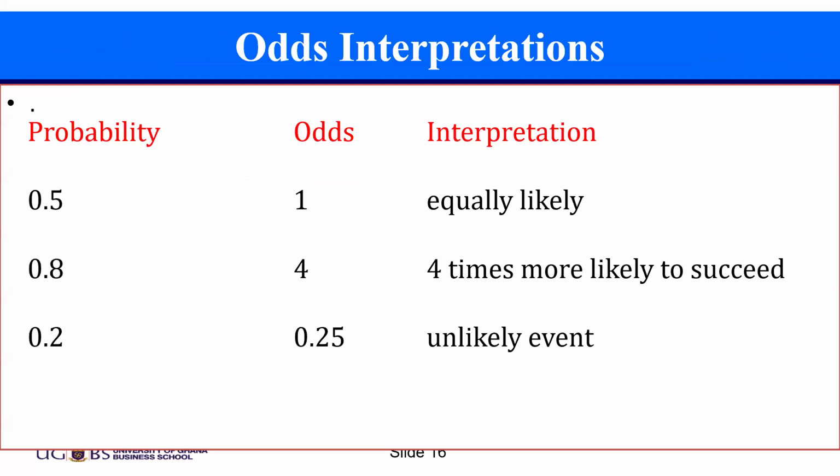Because probability is what? Yes, Marilyn. It's between 0 and 1. That's it. So the odds must be between 0 and infinity. Good. Keep that in mind.